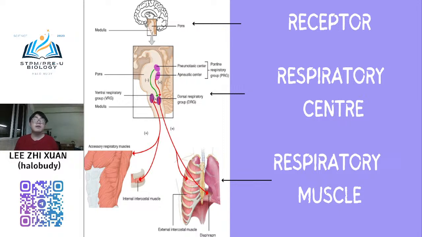The normal breathing rate in a normal person is about 70 per minute, but during certain exercise your breathing rate can go up to 100. So why is it like that? Because we have receptors that control our breathing rate.